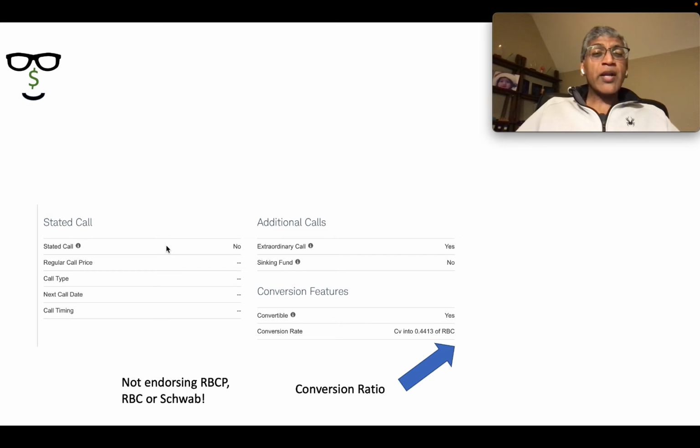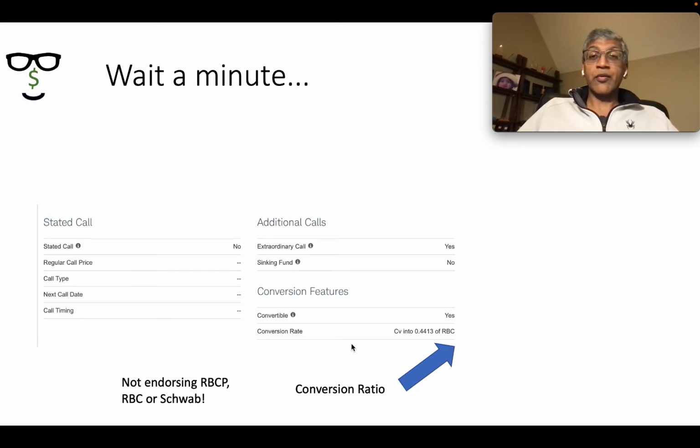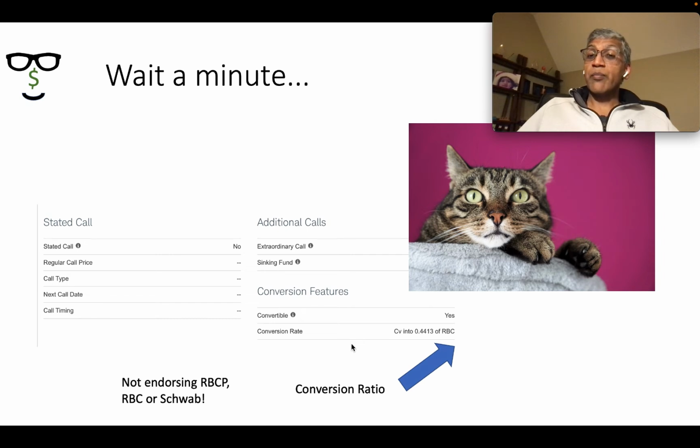Before I did that, I thought I would point out a little problem here. We see here that the conversion ratio is a fixed number, 0.4413, but there is a problem. It's no ordinary problem. It is a big problem. That information is incorrect. Let me repeat.